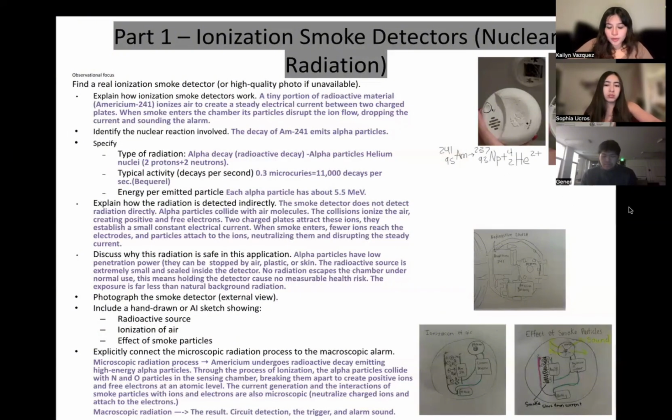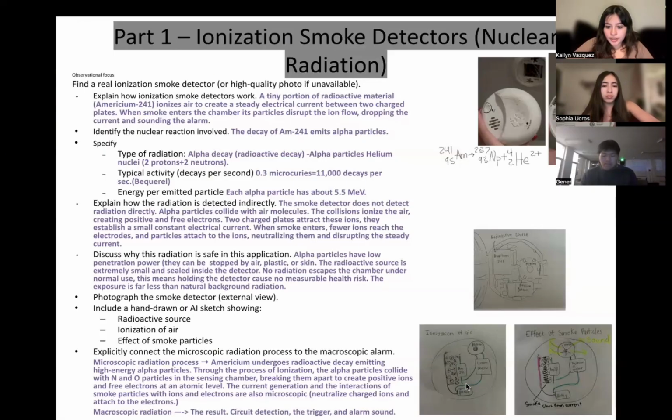So, moving on to my hand-drawn sketch. Here you can see the radioactive source within the smoke detector. And then here is the ionization of air. You can see the radioactive source emitting alpha particles, and the electrical current is very high.